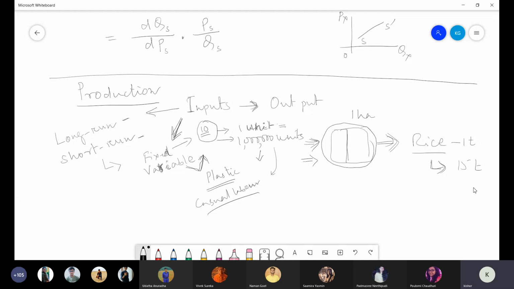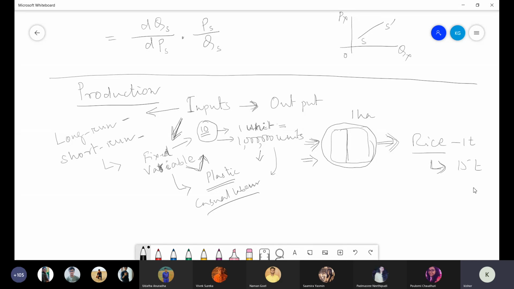Because of that, these are called variable input. Like consumption of electricity. If I produce 1 unit, maybe the machine runs for 1 hour. If I produce 1 million units, maybe the machine is running for 24 hours under different shifts. So electricity consumption will vary. So electricity is another variable input, meaning depending upon how many outputs you are producing, the variable input quantity varies.